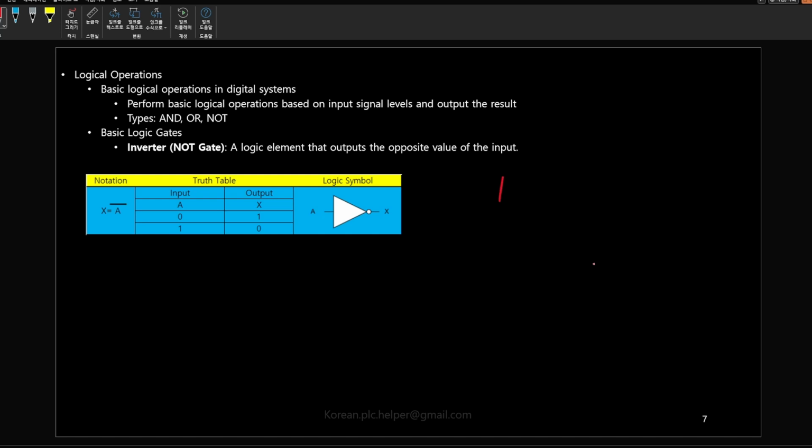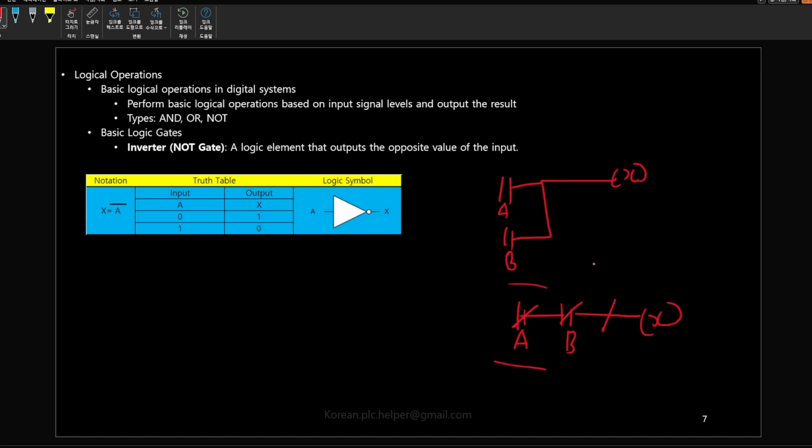A, B, X. A, B, NOT gate, X. You can create outputs using a parallel connection, and use serial connections along with NOT gates to achieve the same output as in a parallel connection.